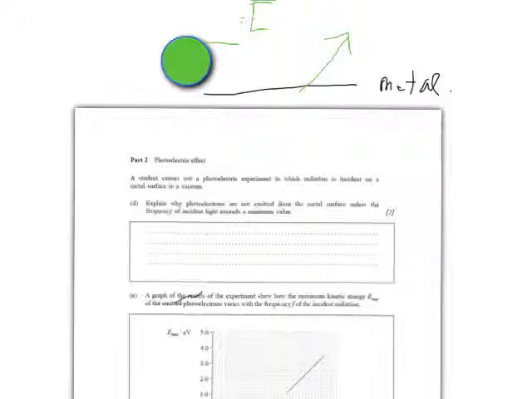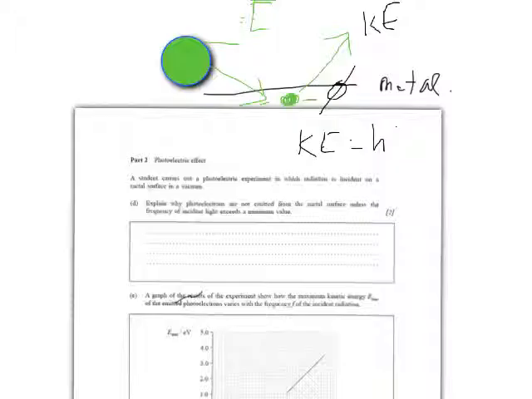As that photon of energy is absorbed, a small amount of it is used by the electron to escape the metal that surrounds it. So that energy that it pays to escape is called the work function. So the total amount of energy that the electron has as it leaves the metal is going to be equal to the energy that arrives, hf, minus the work function.